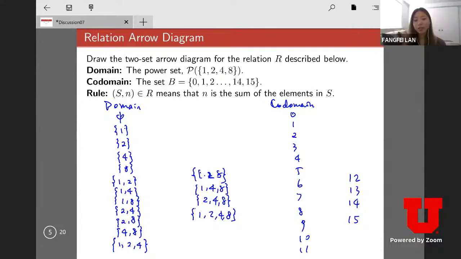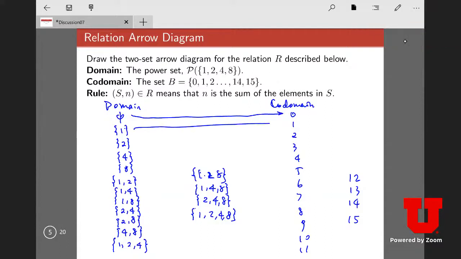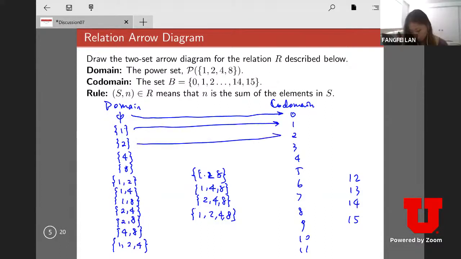What is the sum of the elements in the empty set? 0. Yes, because there's nothing, right? So it's going to go to 0. What about 1? To 1. Yep. And 2 goes to 2, and then 4 goes to 4, right? And then 8 goes to 8.